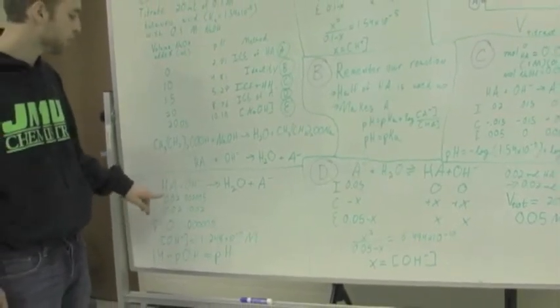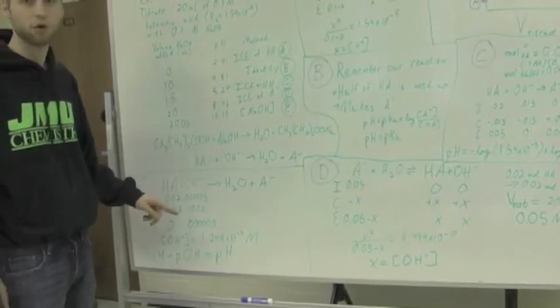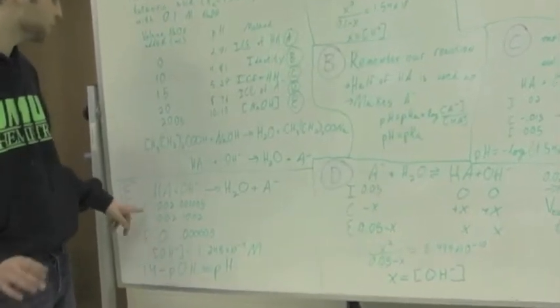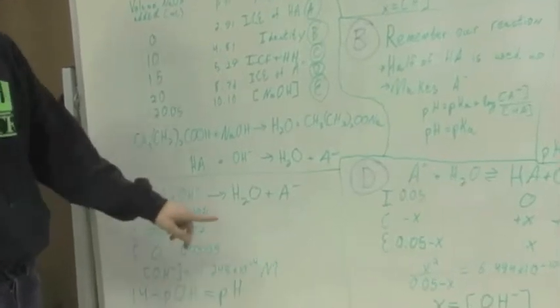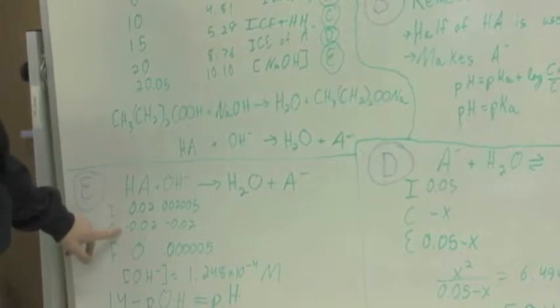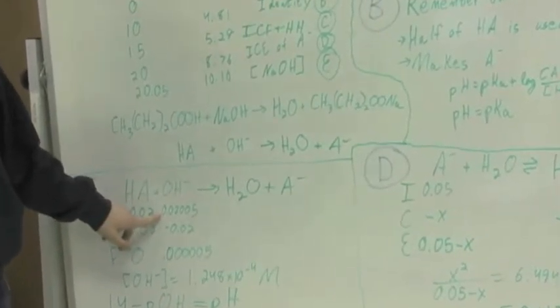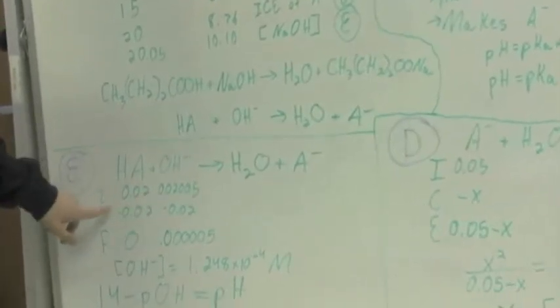So I went through and I figured out how much NaOH I actually had. Remember, most of it reacted with my conjugate acid to turn into conjugate base. So I've gone through and I found those numbers down here. This is the amount of NaOH solution in terms of moles that I have right now.